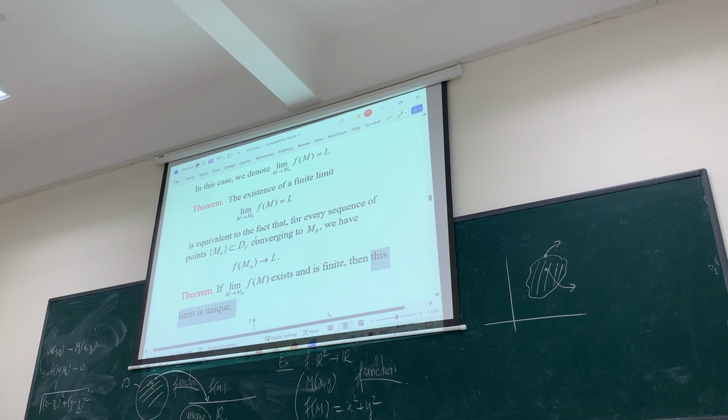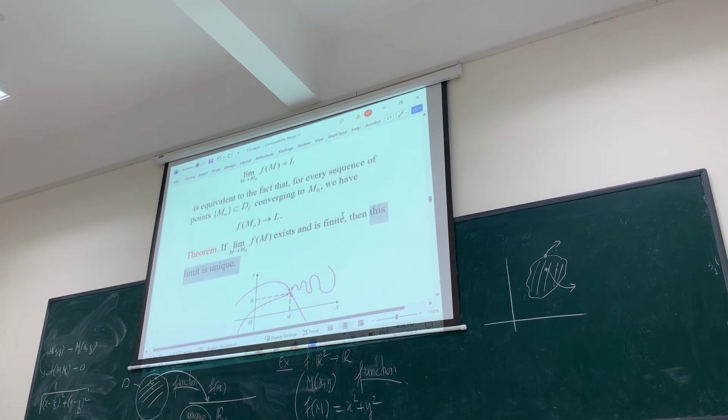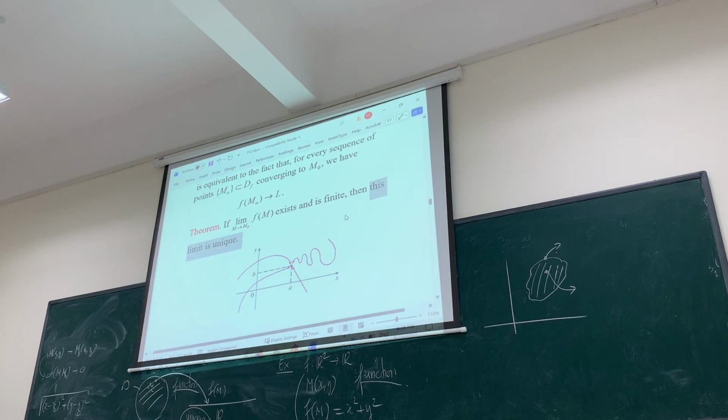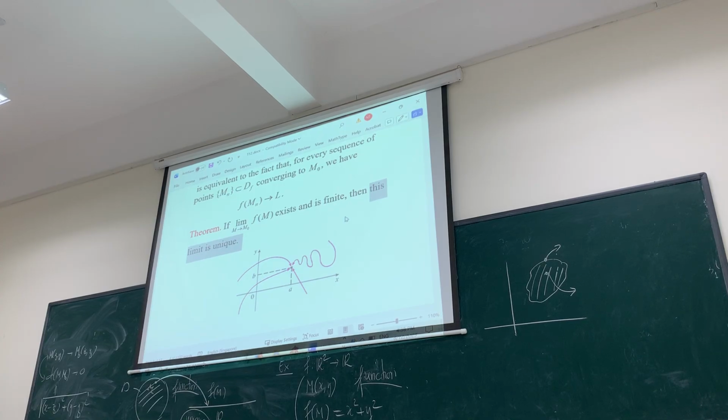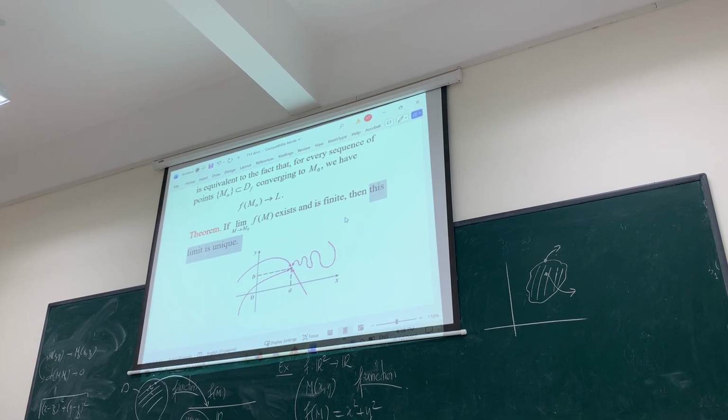We can describe the theorem here by the figure. When m tends to n0, the value of function f tends to L. Only one limit. The limit is unique.